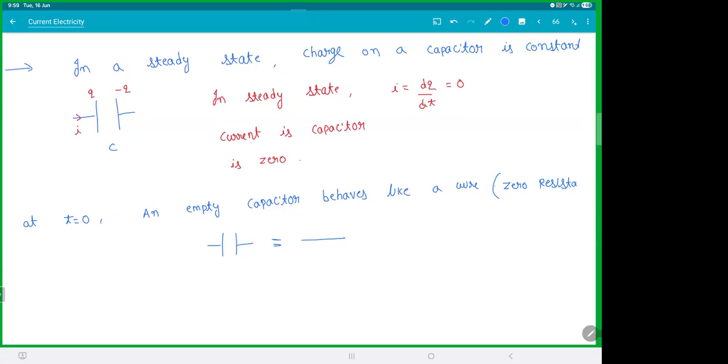It says, boss, you're full, there's no place for you. So at T infinity, if you keep a capacitor connected to a battery for a long time, it does get fully charged. This is what we also call a steady state. They have different words, T infinity, long time, steady state, all these things mean the same thing. So the capacitor becomes full.